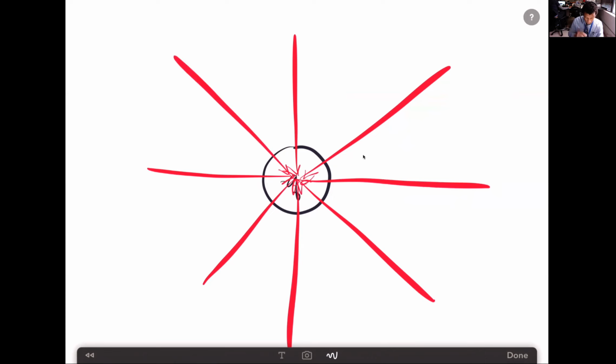All right. So that's if this item has a charge Q. It's just like if it had a mass M.